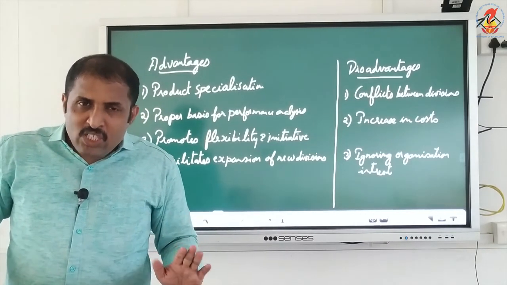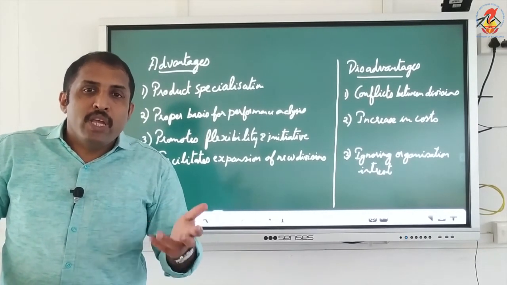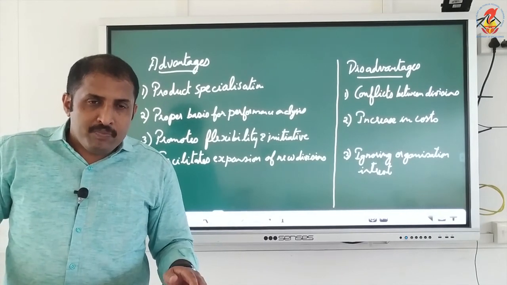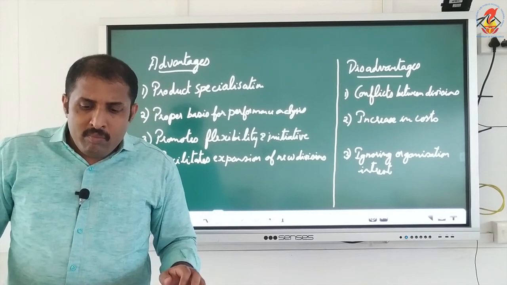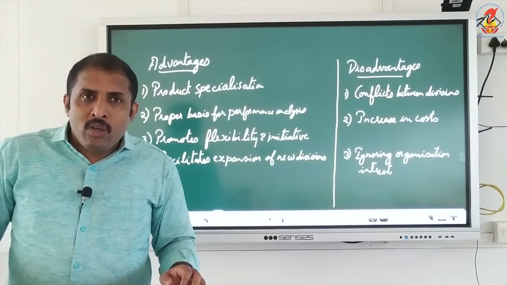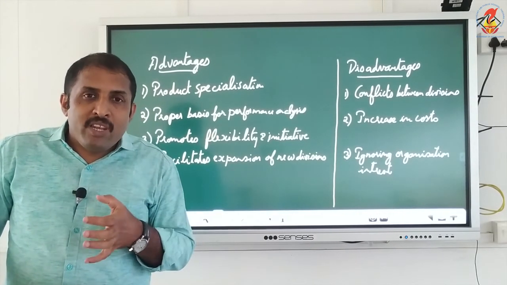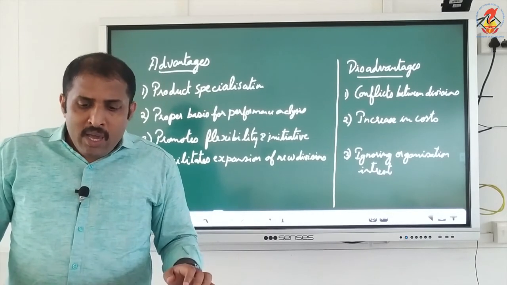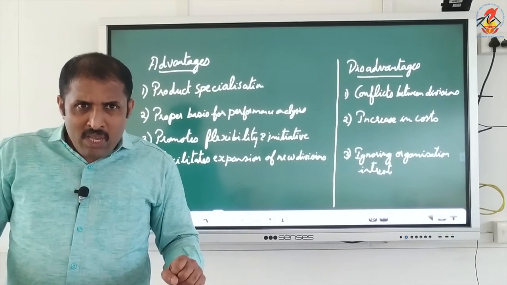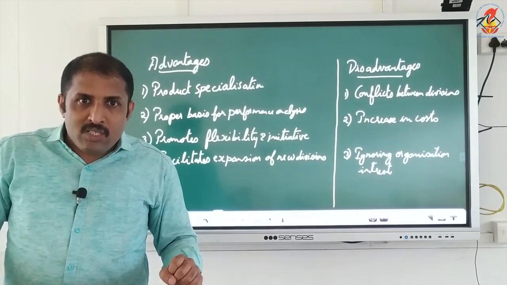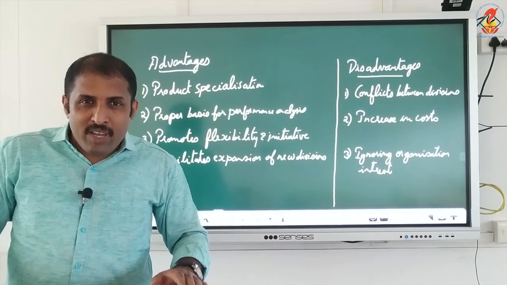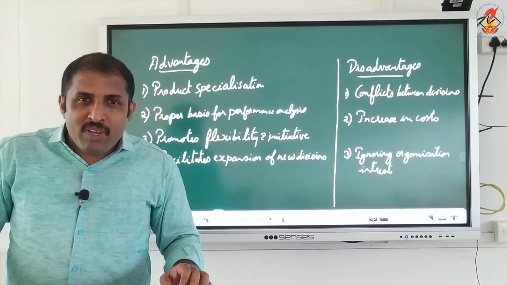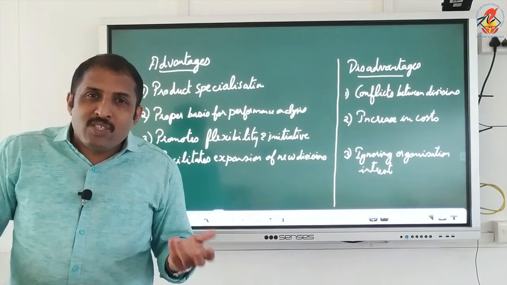That means each division head will have freedom to take decisions, they will have freedom to change. So as time goes forward, automatically these divisional managers can gain power and they may assert on certain things. They may say that my decision has to be final.